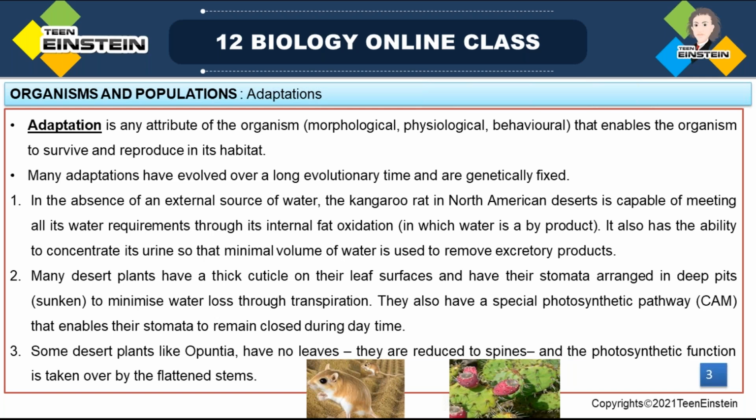So for an organism to exist in a particular habitat, first they need to get adapted to that situation. They may show behavioral, morphological or physiological attributes. With those attributes, those characters, they can get adjusted with that particular habitat. And if they can survive in that habitat, they can go for reproduction.